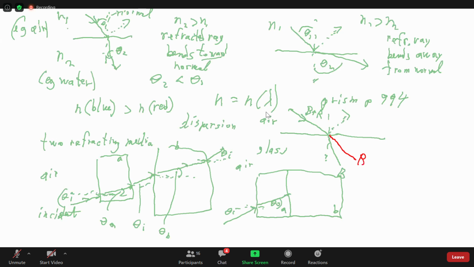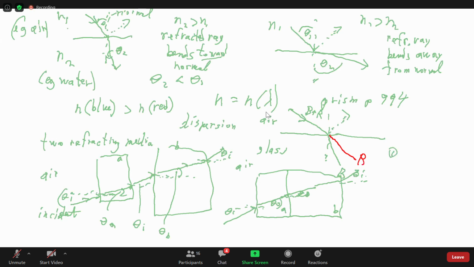I get further refracted to theta B, but then I come out with the original angle of incidence that I came in. Now we're going back to air. So what do we conclude from this?